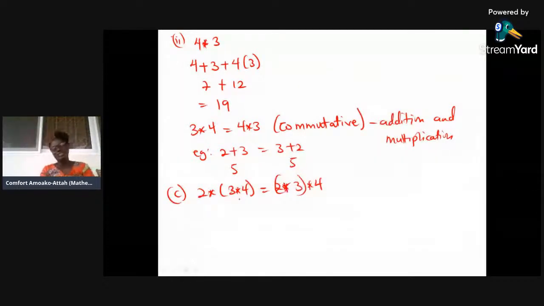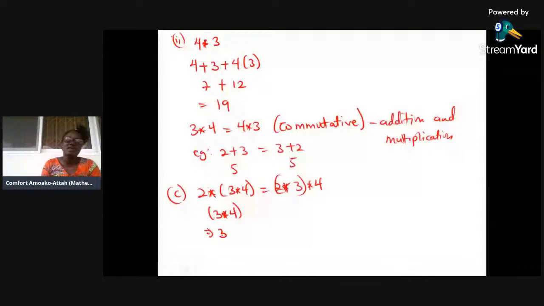Let's show that this and this are equal. When you have a question containing brackets, as I always say, tackle the ones inside the bracket first. So with this, we will have 3 star 4.